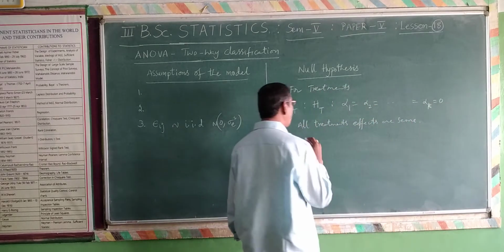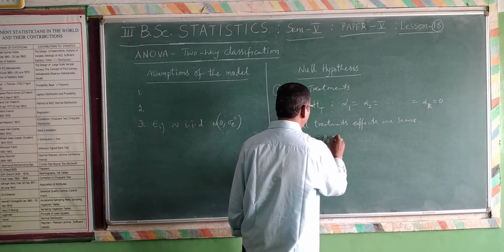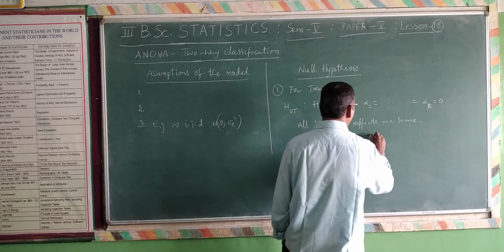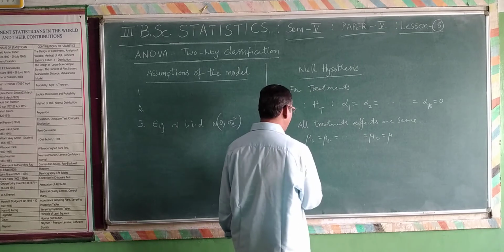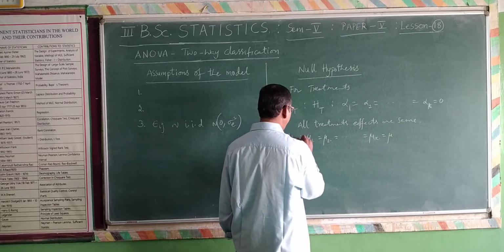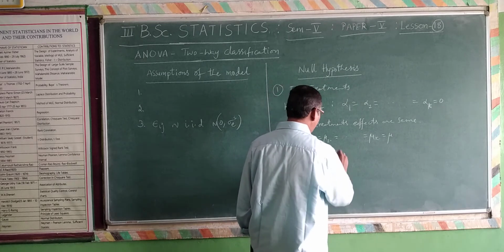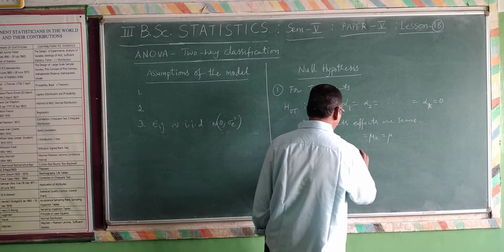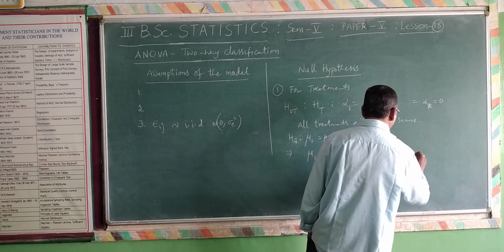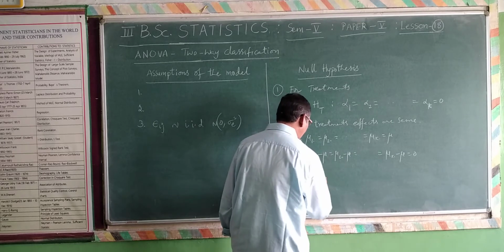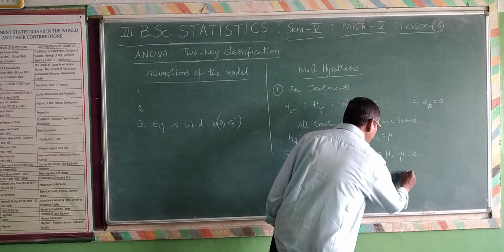Which means actually we have to consider mu1 dot equal to mu2 dot equal to and so on equal to mu k dot equal to mu. Which means mu1 dot minus mu equal to mu2 dot minus mu equal to and so on equal to mu k dot minus mu equal to 0, which is nothing but alpha 1 equal to alpha 2 equal to and so on equal to alpha k equal to 0.